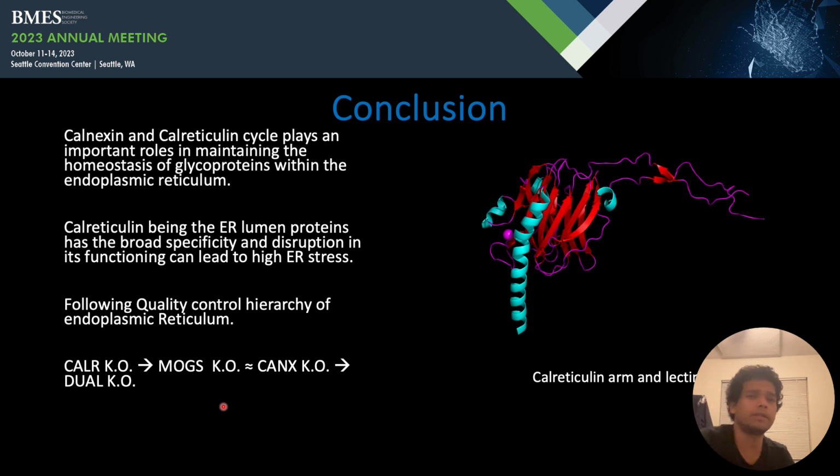This is the structure of the Calreticulin arm and lectin domain that plays an important role in the interaction with these newly folded proteins, and at the same time this domain also interacts with proteins from other families such as the PDI family, and that helps form a complex along with Calreticulin, which helps the proteins to acquire their native disulfide bonds.